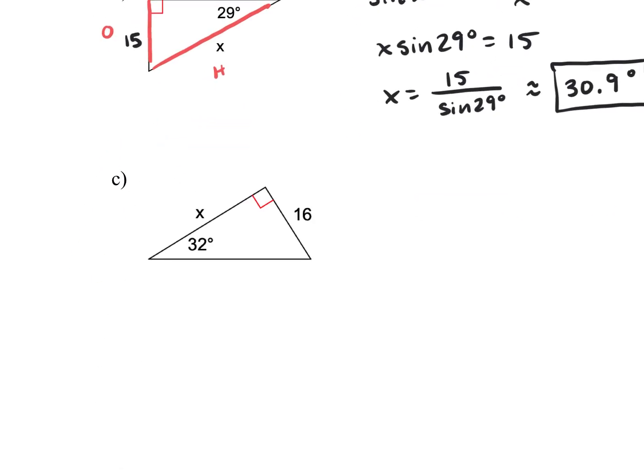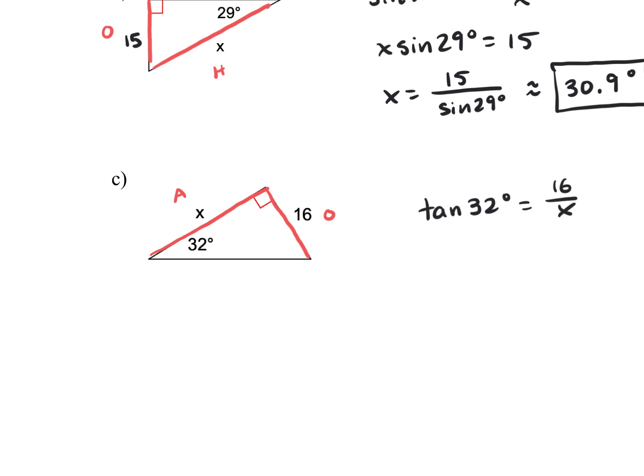Okay, and then this last one, what we would have here is the opposite and the adjacent. So if you ask yourself which trig function uses opposite and adjacent, it'd be tangent. So the tangent of 32 degrees is 16 over x.